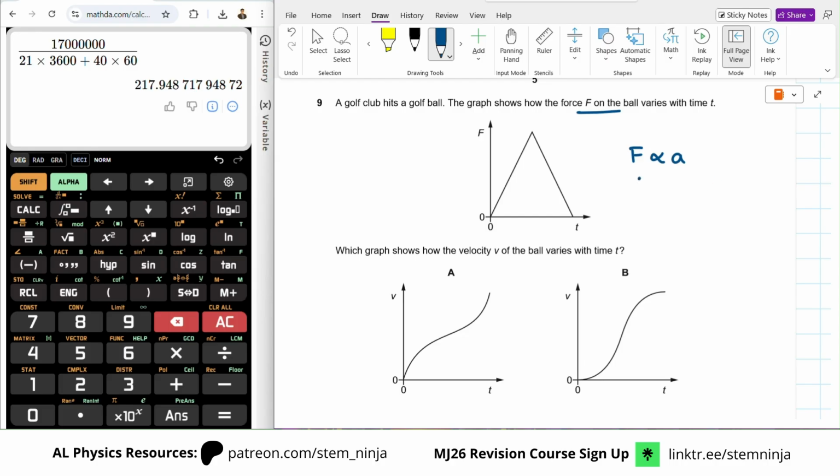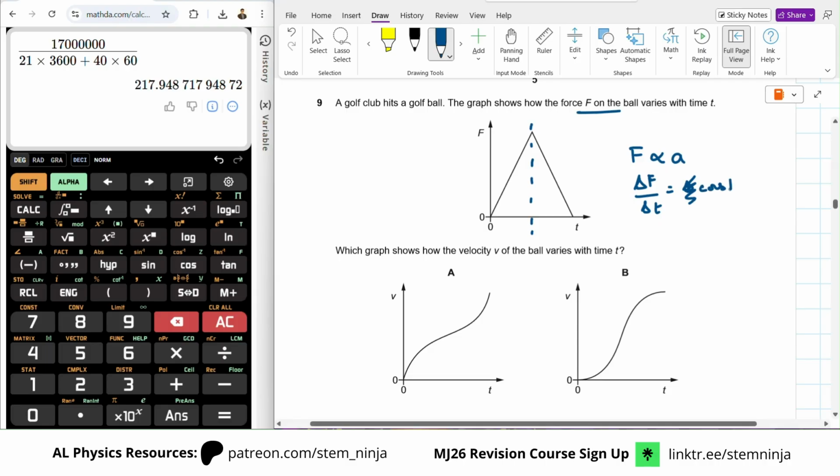So let's look at half of this. So if the change in force is constant, that means the change in acceleration over time is also constant.